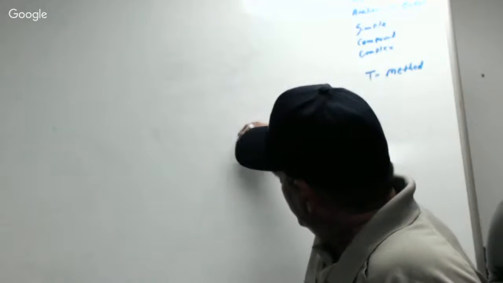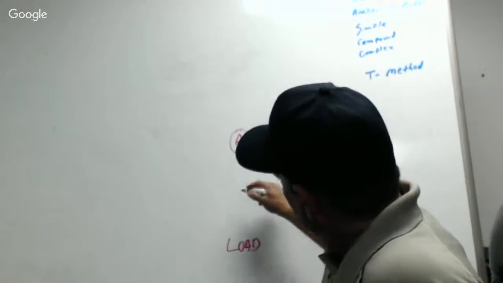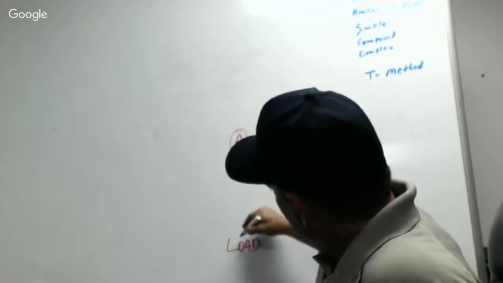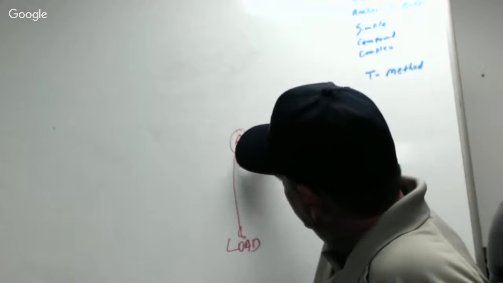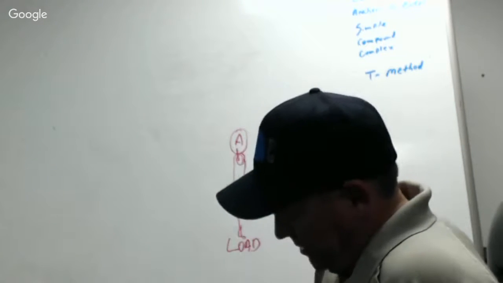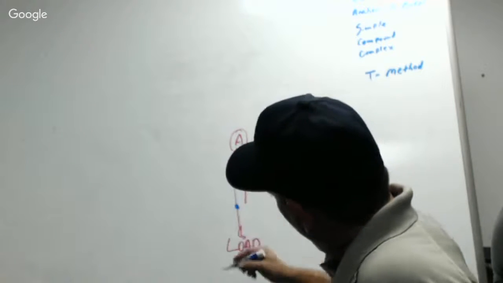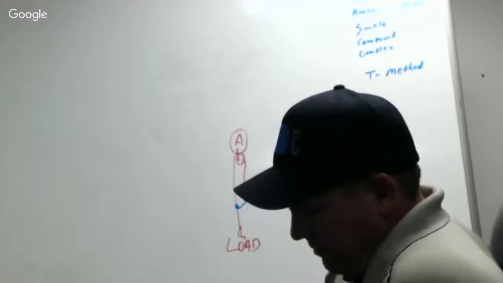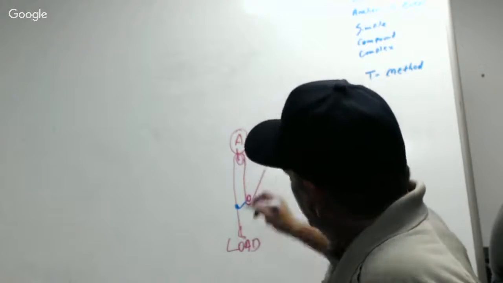Tensioning units. So here's the anchor again, the load. Let's tie it off at the load this time. Comes around to a pulley. Goes like this. And here's the prusik. Goes over here to this pulley. Goes like that.